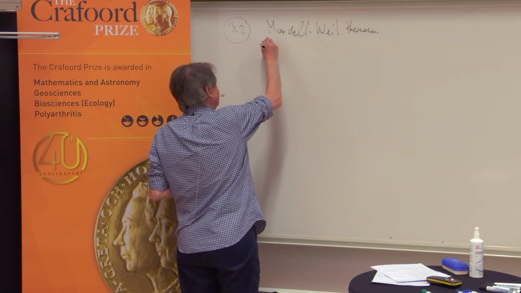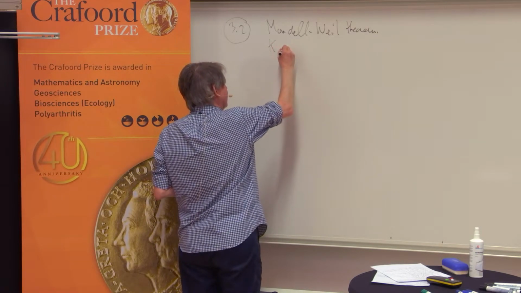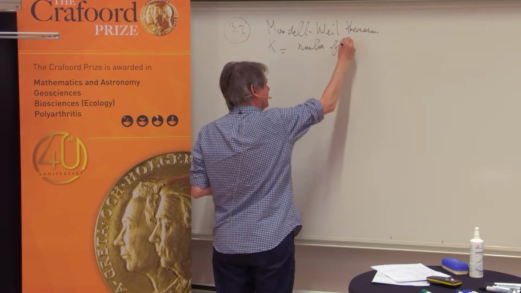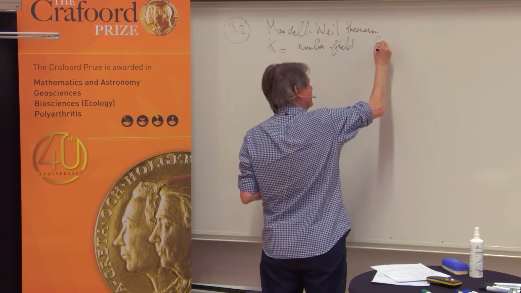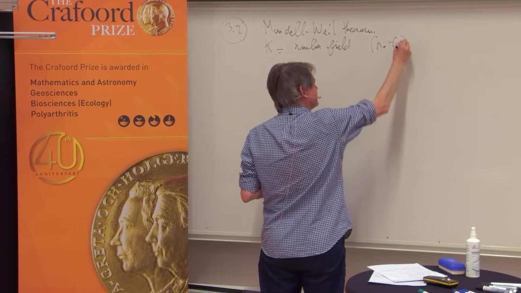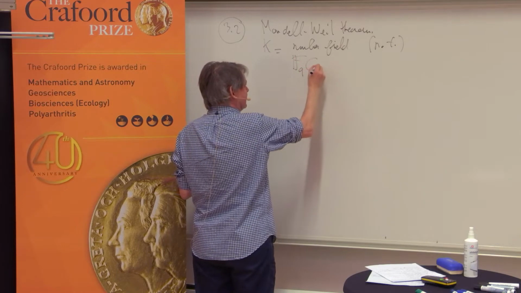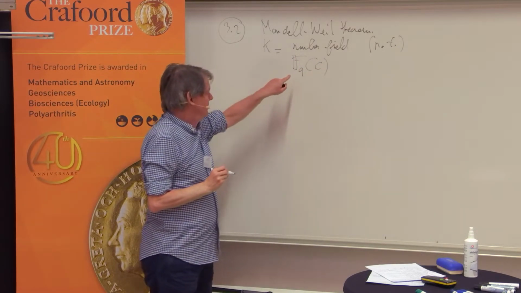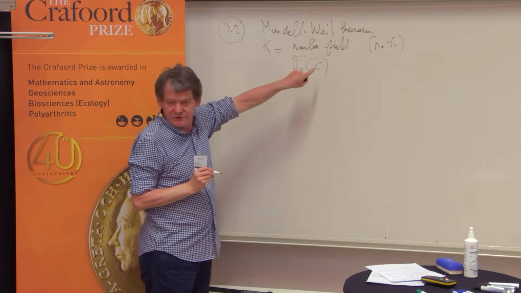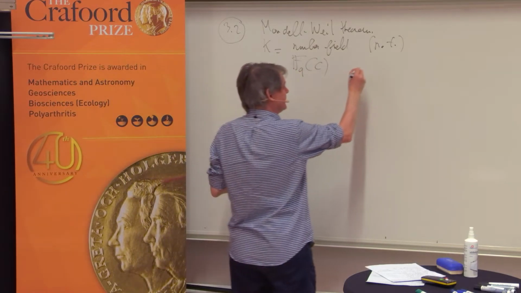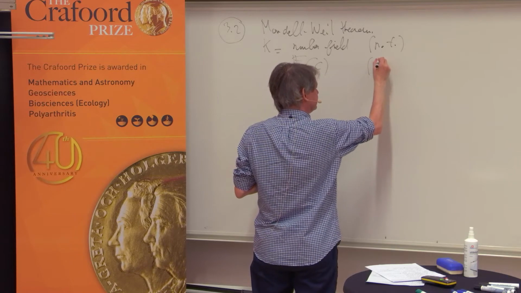So I will take K now to be a number field. I will speak of the number field case, or I will take a function field, that is the field of functions over a curve over a finite field. That I will call the function field case.